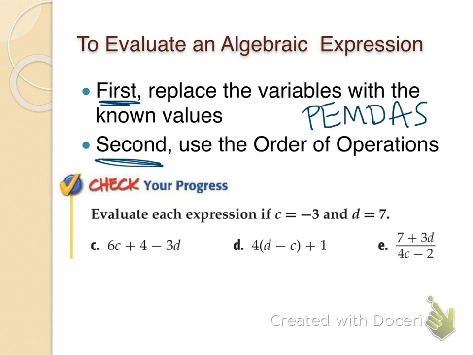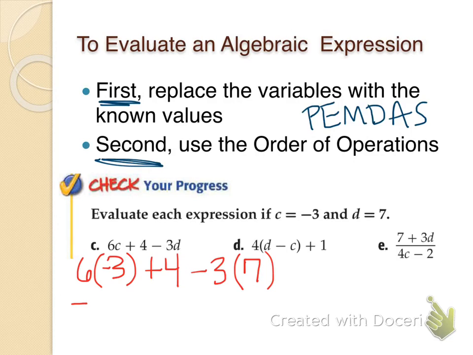All right, so looking at C, our directions say C equals -3 and D equals 7. So I know what the values of C and D are, so I can simply substitute them in. So 6 times, instead of C, I'm going to put in a -3. Plus 4 minus 3, instead of D, I know I can put in 7. Following order of operations, I need to multiply.